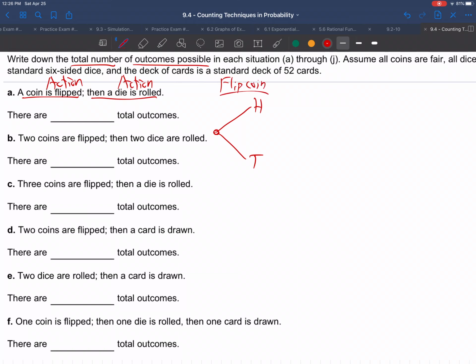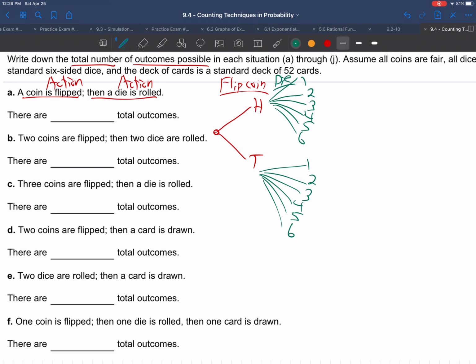And then you roll a die. When you roll the die, you could get heads on the coin and then 1, 2, 3, 4, 5, or 6 on the die. And the same possibilities if you got tails the first time. So this is the die.